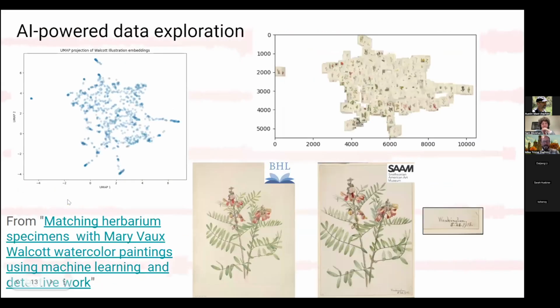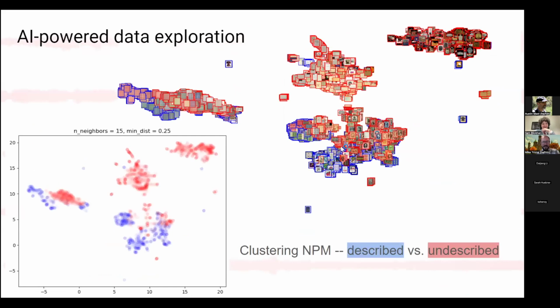Here's another one where we used clustering to match up herbarium sheets with specimens in the collection, and another one getting into image descriptions to find different images that were described in a collection versus ones that weren't, and whether there are any close by that we could skip a step.